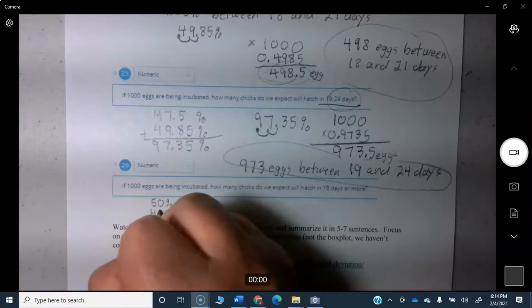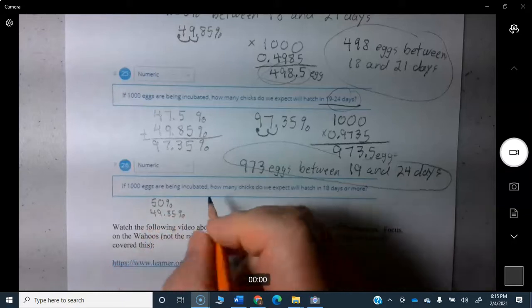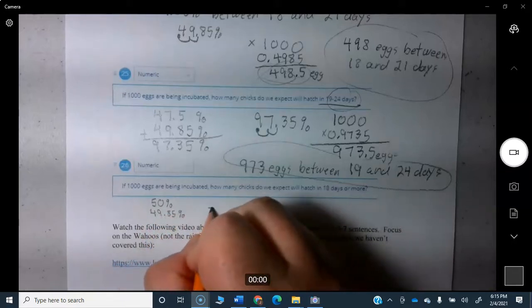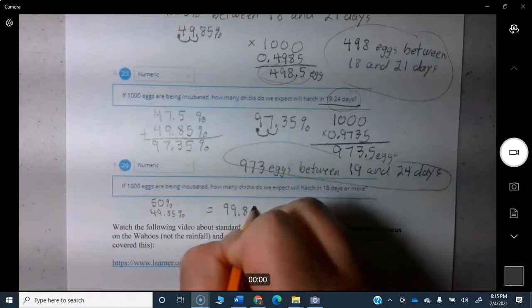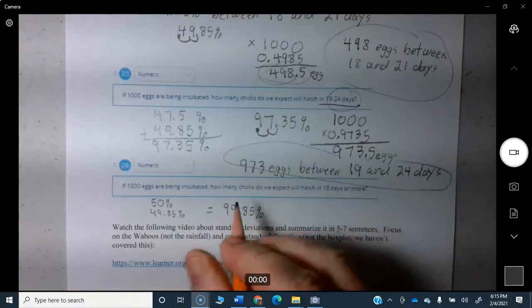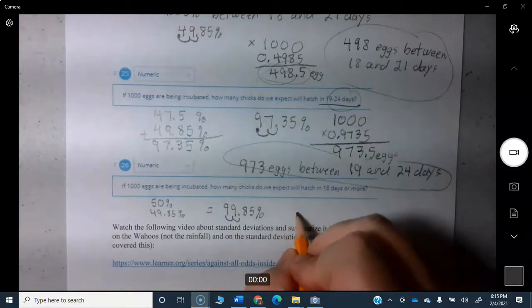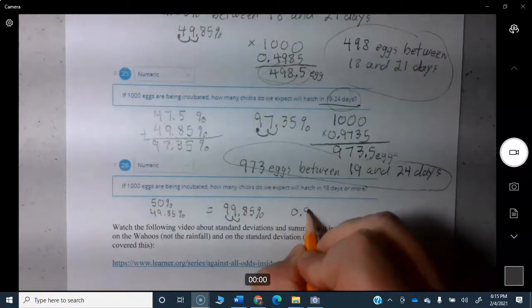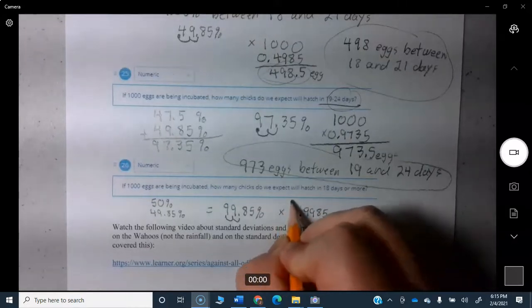So we're simply going to add 50 and 49.85%, and that is going to give us, just write it over here, 99.85%. Move the decimal over 2 places, and that's going to give us 0.9985 times 1,000.